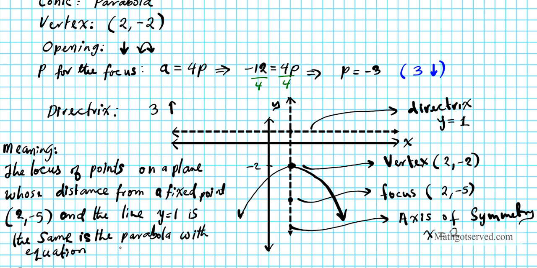Let's see, the equation is the original equation for problem number 1, which is x minus 2 squared equals negative 12 times y plus 2. Okay, so there you have it. That's that.